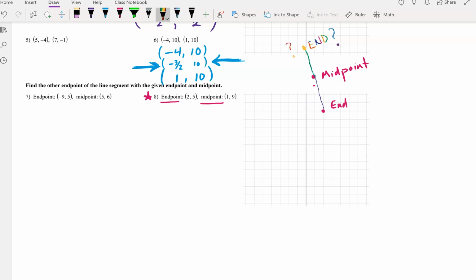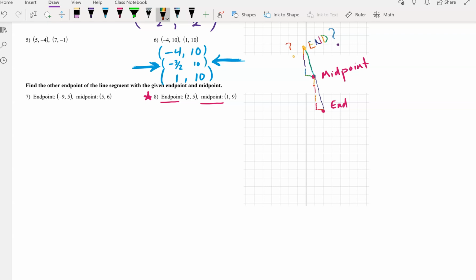Well, on a nice piece of graph paper, we could estimate what's going on here. I think I went over one box and then up 1, 2, 3, 4 boxes. So if I went over one box and up 4 boxes again, I could find that other endpoint. So you can use a graph to help you with that.